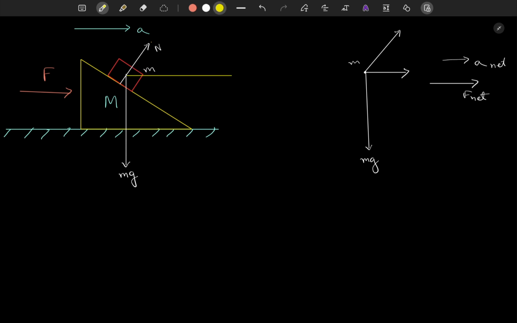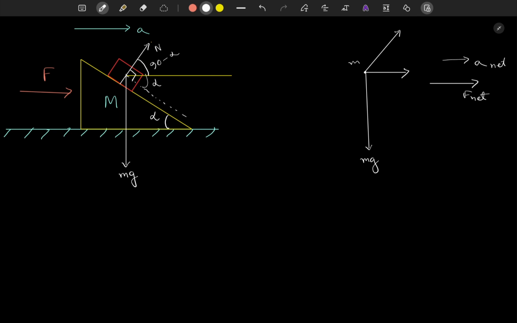Let me draw a line parallel to the horizontal, and we're going to denote this angle as, let's say, alpha. So the angle that this makes will also be alpha, and this will be 90 degrees. So of course this angle is 90 minus alpha.